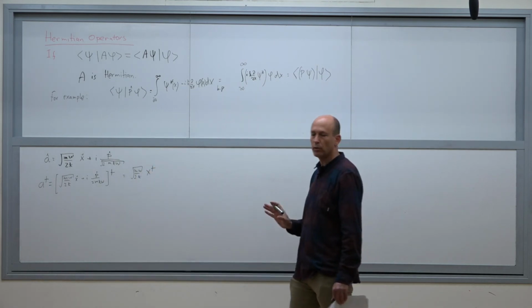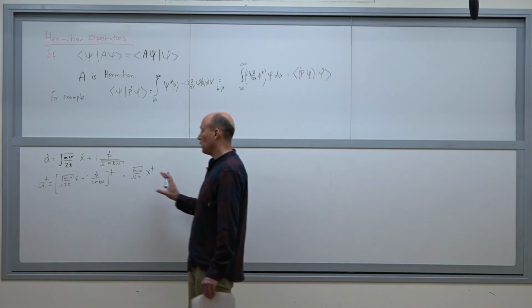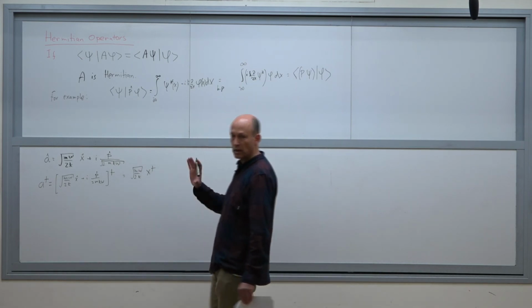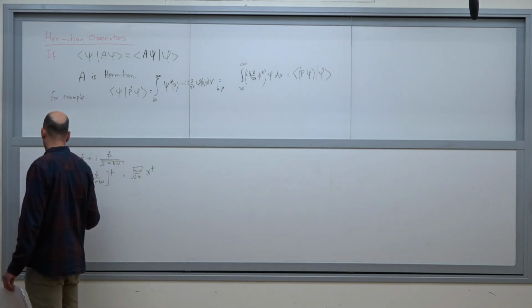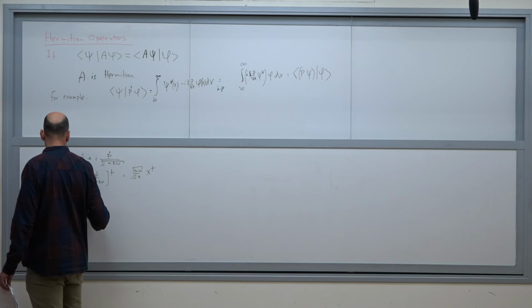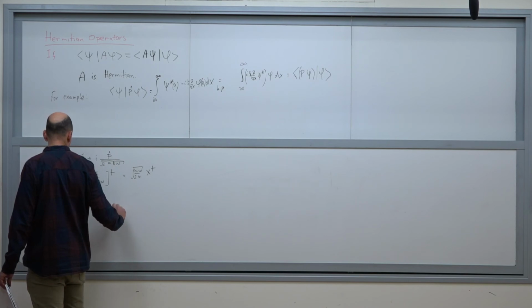The self-adjoint of x. Well, it's very simple, but it's x. Yeah, because all I need to do is you have the integral of phi x psi dx equal to the integral of x phi star psi dx.